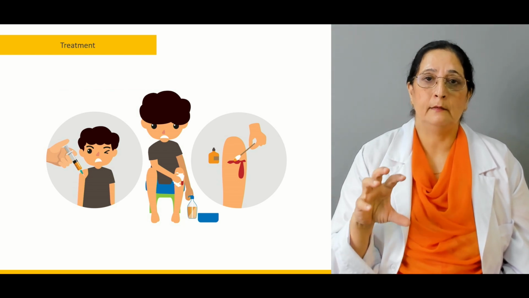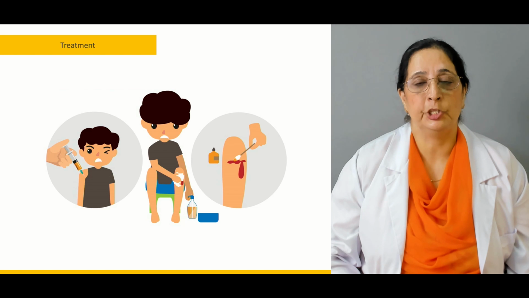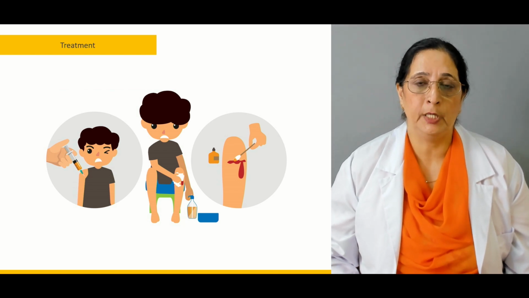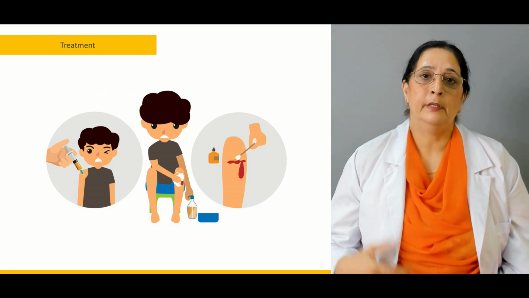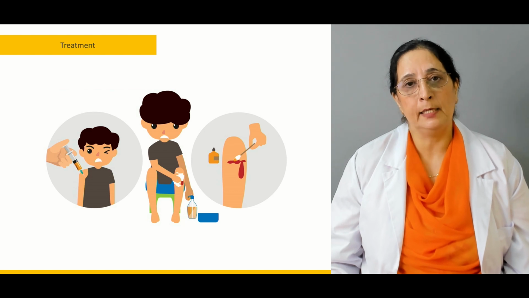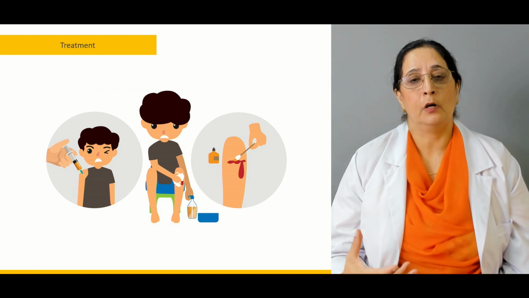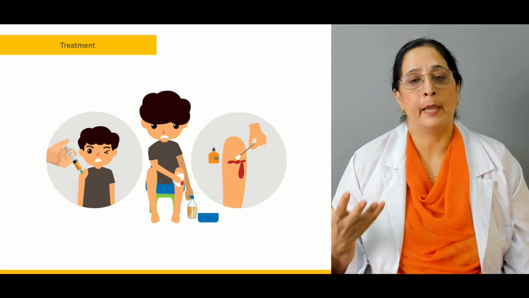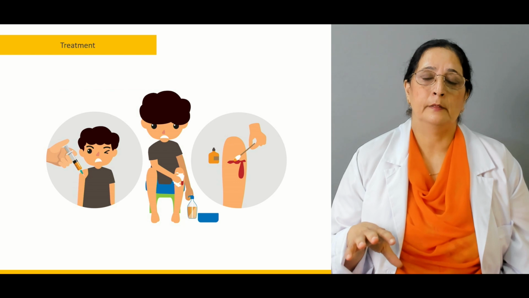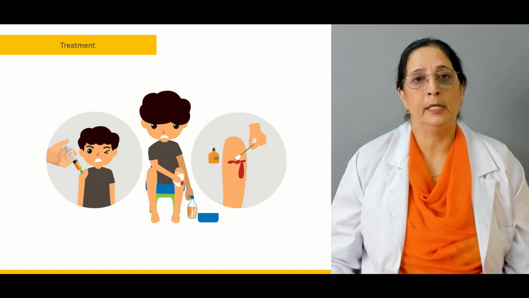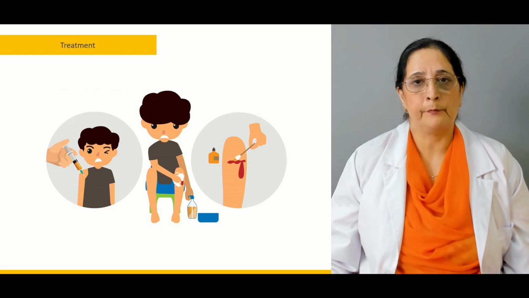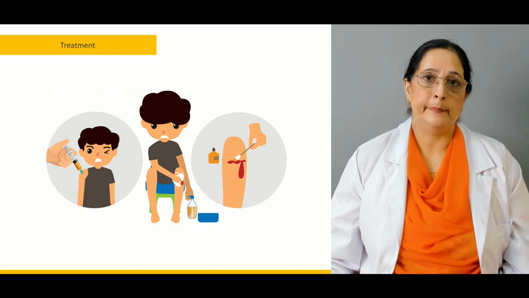So it's a series of 4 vaccinations, and it's very important that this should be given as a prophylactic means to prevent rabies after a dog bite or any mammal bite. If the bite is deep enough, it's better to give the vaccination as a preventive measure.